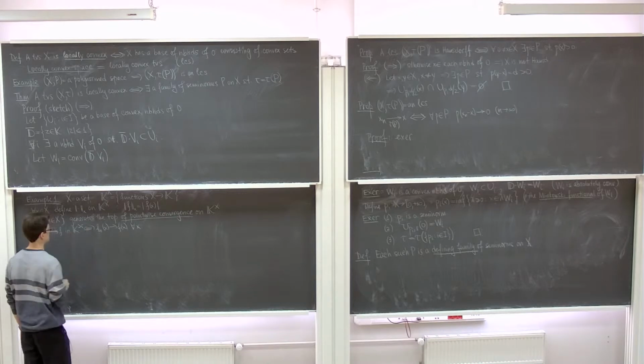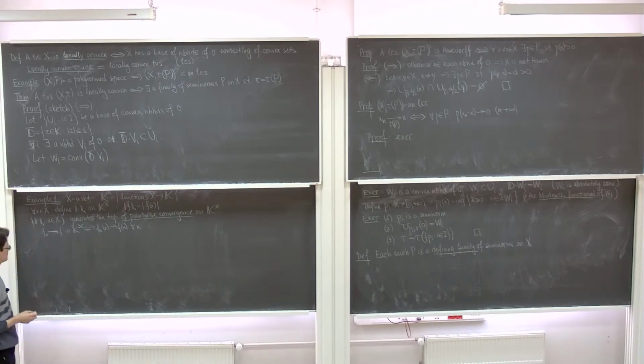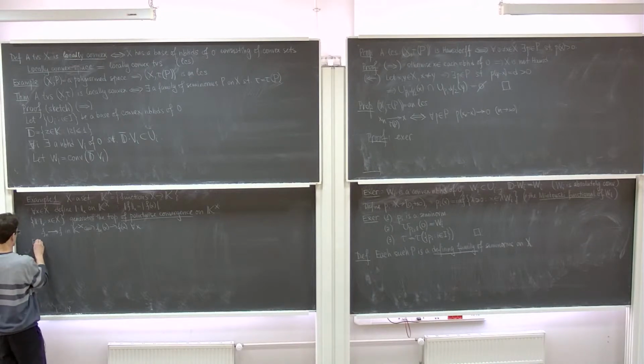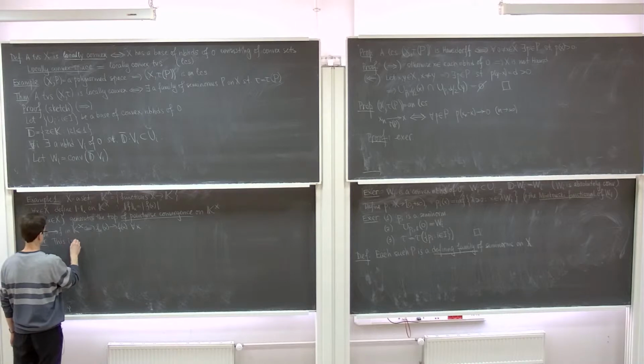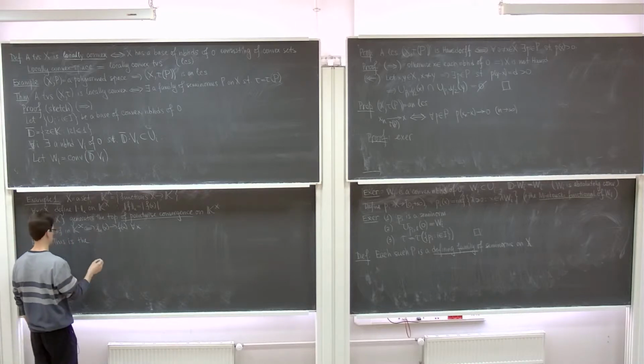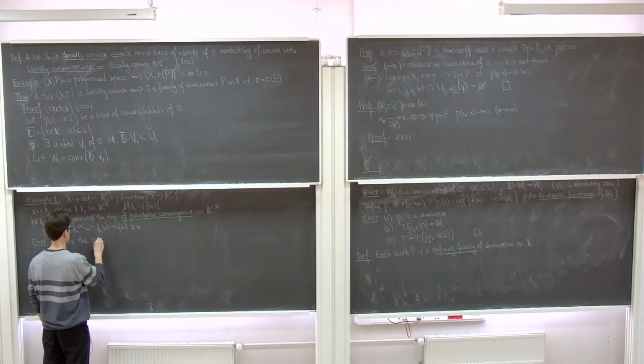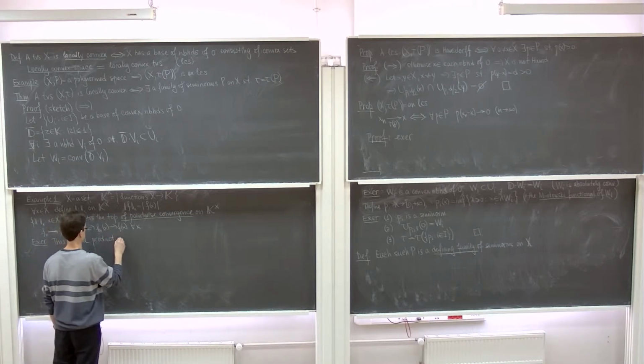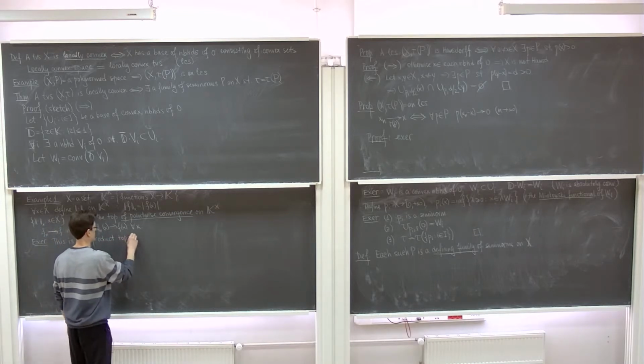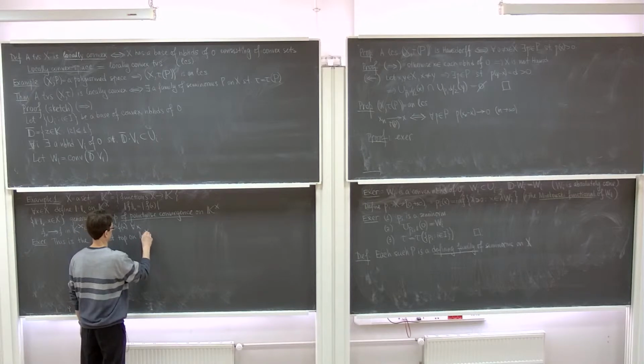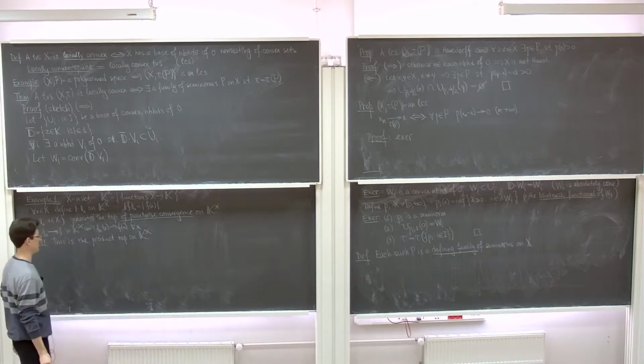And in fact, it's very easy to show that this topology is nothing but the product topology. The topology of pointwise convergence is nothing but the product topology on k to the power X, the topological product of many copies of the base field.